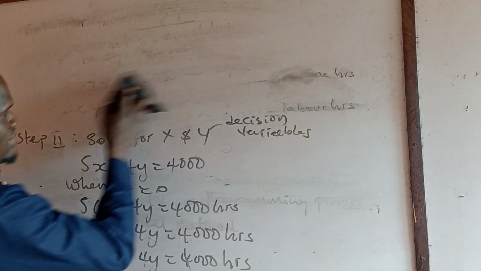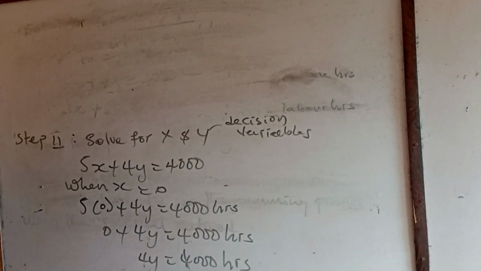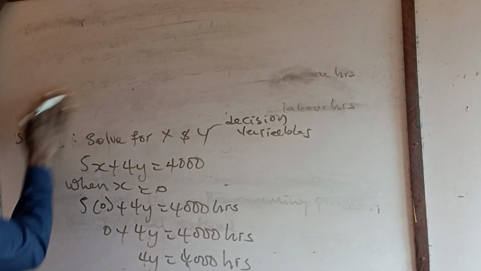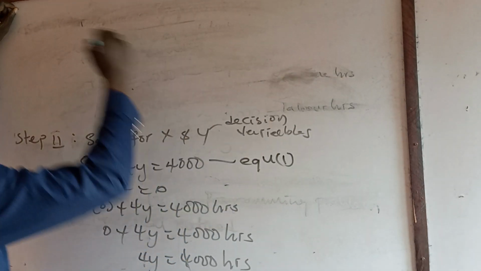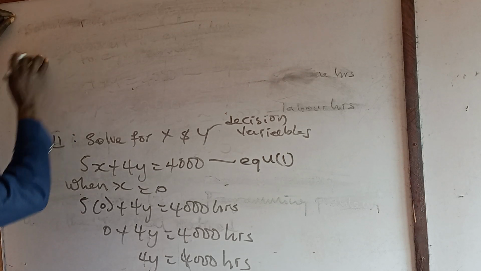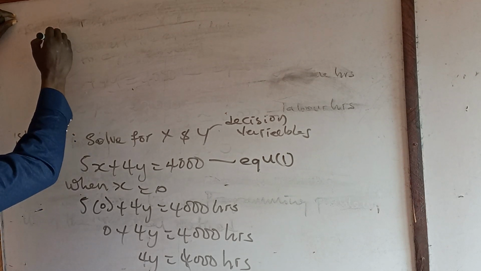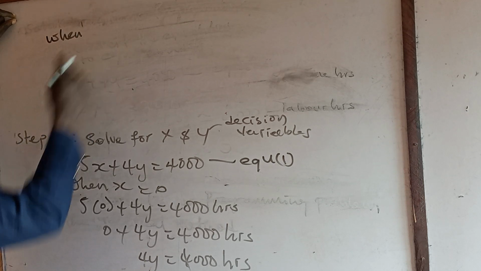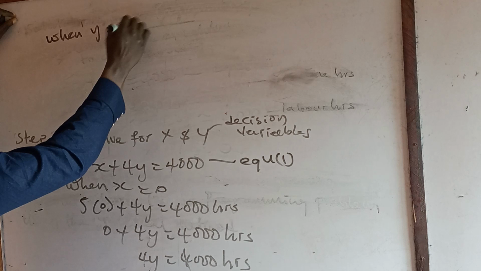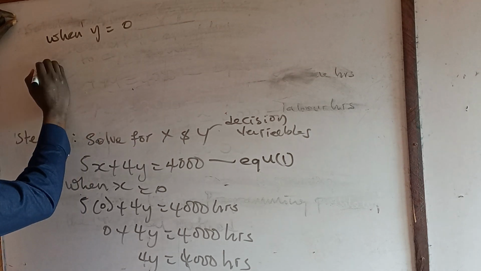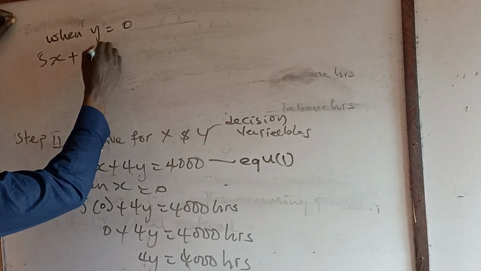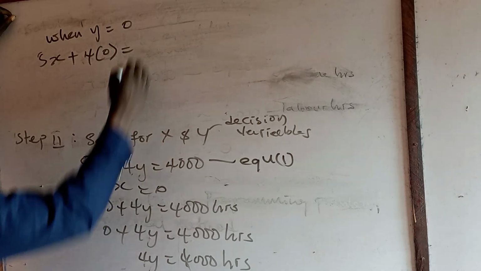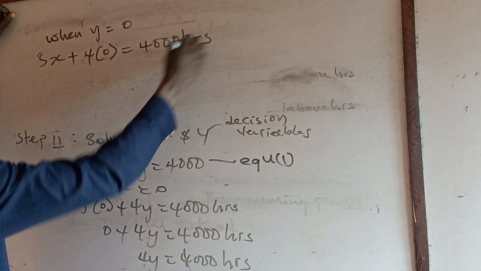Let's determine our x. We have determined the first decision variable, which is y. So the second decision variable is x. We still maintain this equation 1. So when y equals 0, from the equation we have 5x plus 4 times 0 equals 4,000 hours.